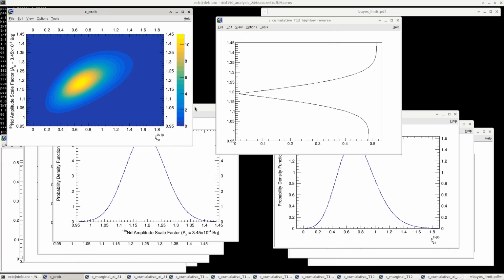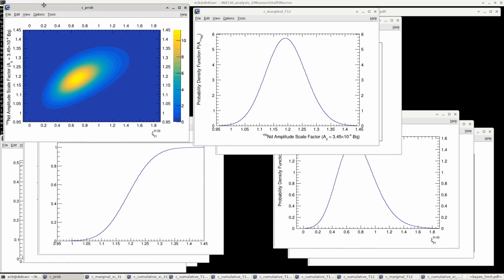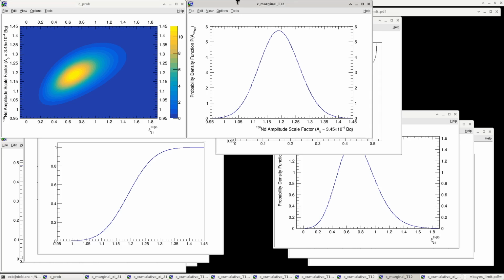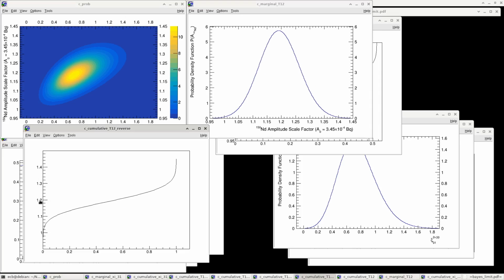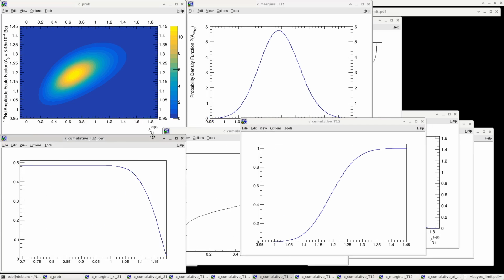Now, what we're interested in doing is marginalizing this, for example, for the half-life parameter, to create this particular figure here. And the way this is done is to use these figures.